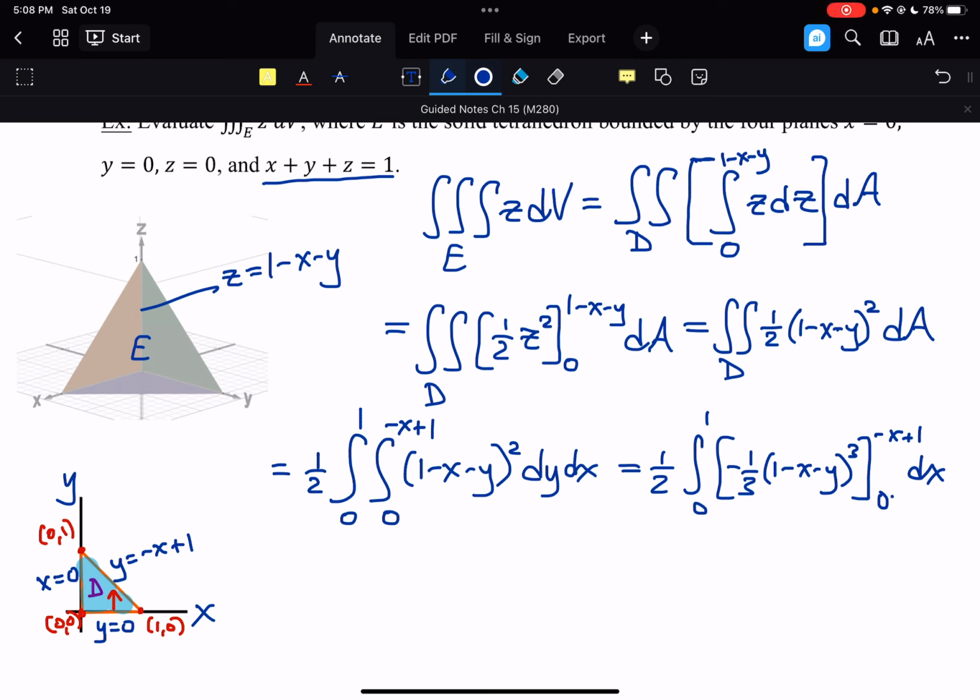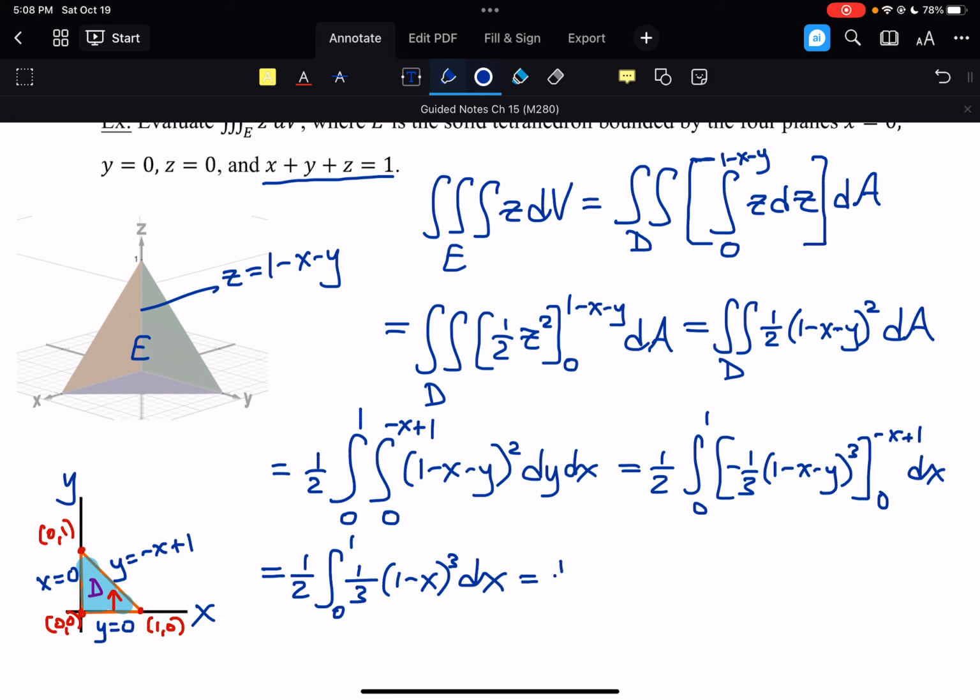And the 0 term actually does turn into something. We get (1 minus x) cubed over the negative 3. So we end up with 1/2 integral from 0 to 1. It was minus a negative, so that becomes a positive 1/3, times (1 minus x) cubed dx.